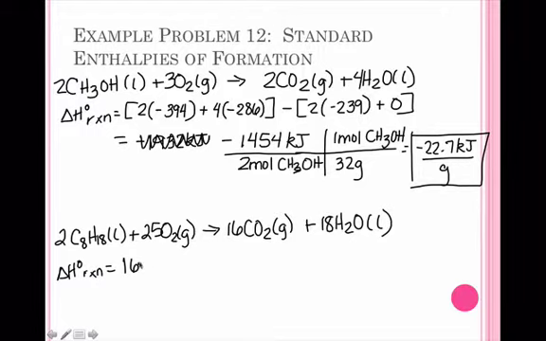Products, I have 16, square bracket, 16 carbon dioxides, and we said that value was a negative 394, using the same value from up here. Plus, I have 18 waters, and that value was a negative 286.